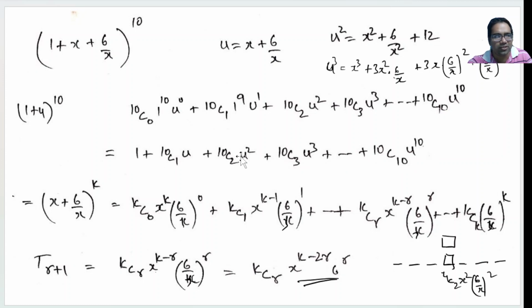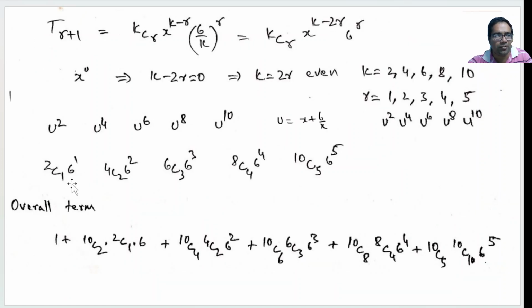Within u square, there is a term like this, which is independent of x. Within u power 4, there is a term called 4C2 6 square, which is independent of x. Similarly, within u power 6, there is this term which is independent of x, where the x's are cancelling.